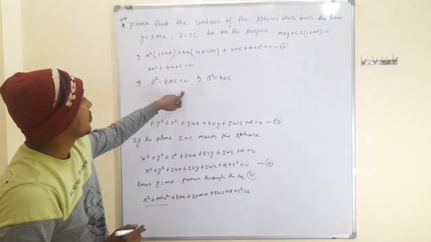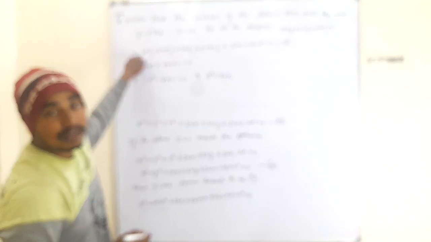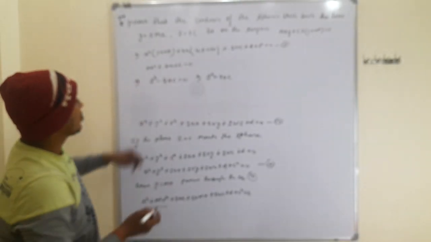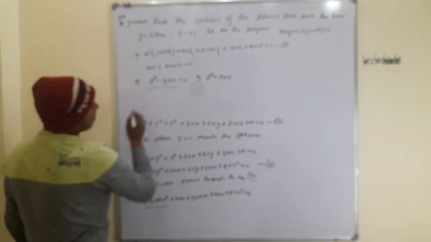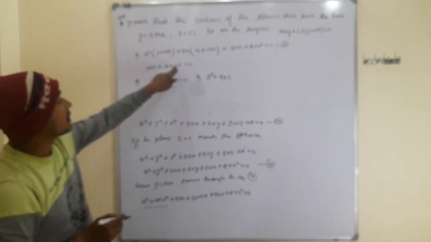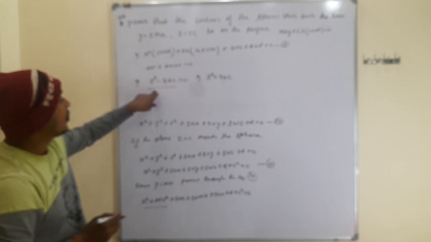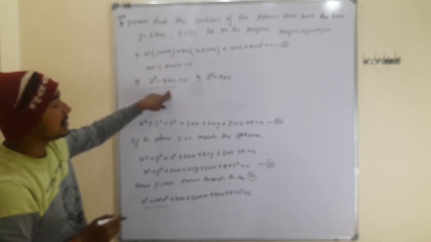In other words, if the equation is in quadratic form, then the discriminant of the equation is equal to 0. In the form ax square plus bx plus c equals 0, we call b square minus 4ac the discriminant.